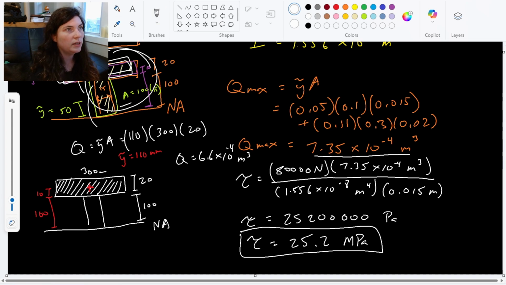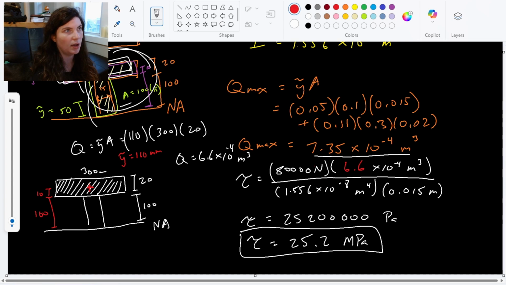But it does mean that all we need to do is erase this Q value that we found for the max shear stress, and we can go ahead and put in that new value we found, 6.6 times 10 to the negative fourth.